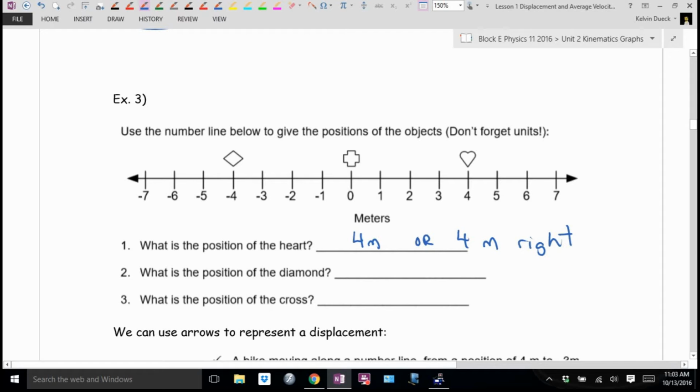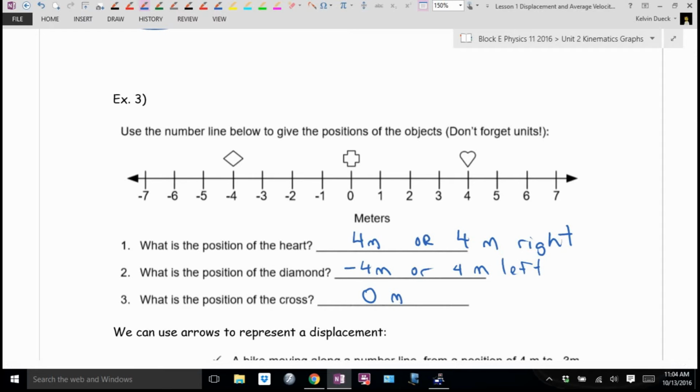What's the position of the diamond? What's the position of the cross? I'll still put units on there. 0 meters. That's a location.